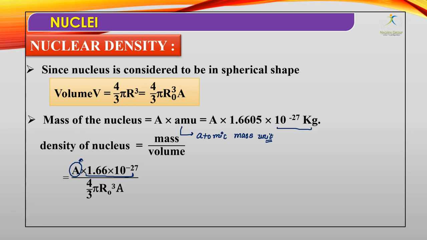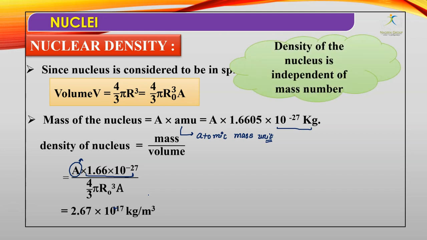But here the atomic mass means the number of protons and neutrons, which is A. So A times 1.66 × 10^-27 divided by 4/3 πR³ times A. After solving, we get the value 2.67 × 10^17 kg per meter cube.